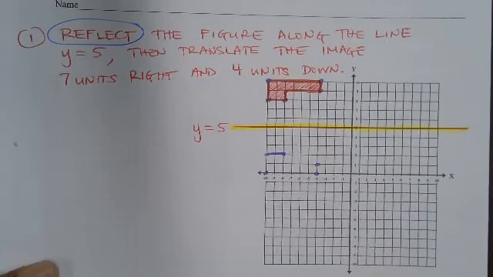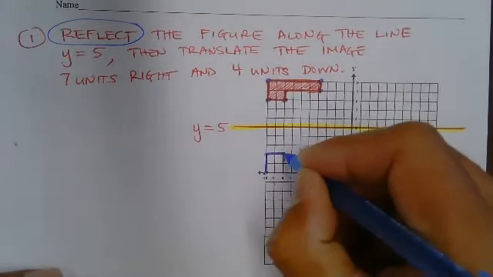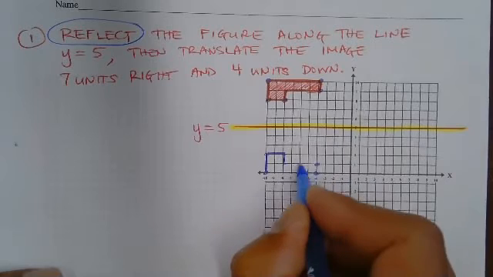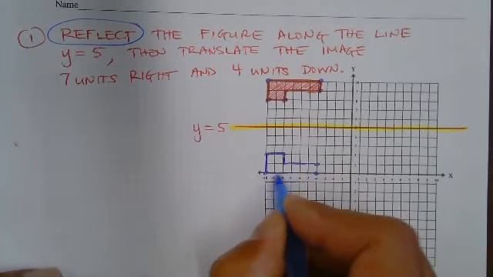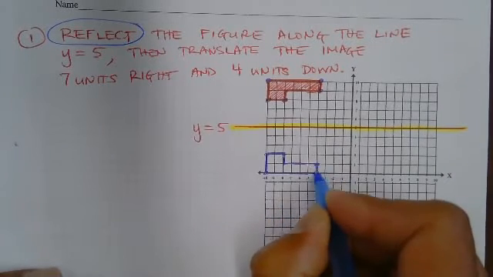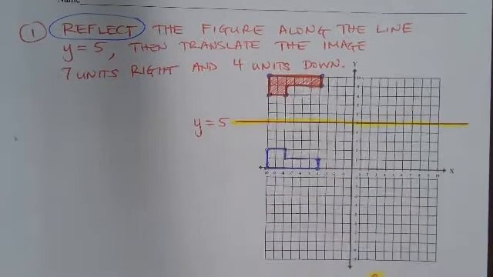Should it be facing exactly the same way? Not when you do a reflection, right? When you reflect something, kind of like a mirror image, it is not facing exactly the same. It's a reflection of it, right? So now the figure is here, because we reflected it. Does that look right? Yeah.